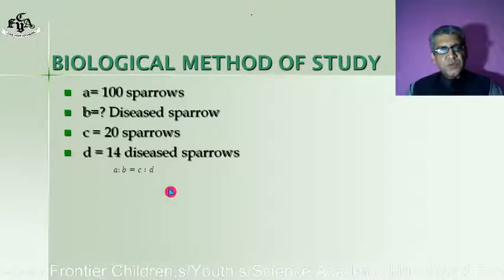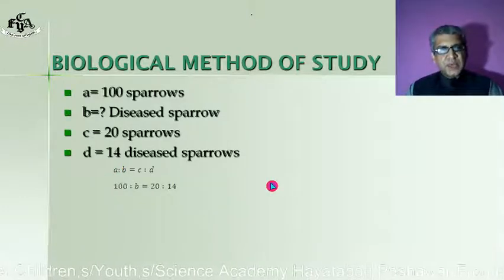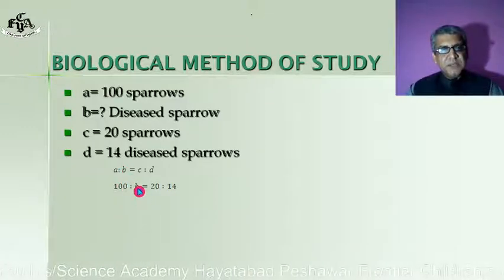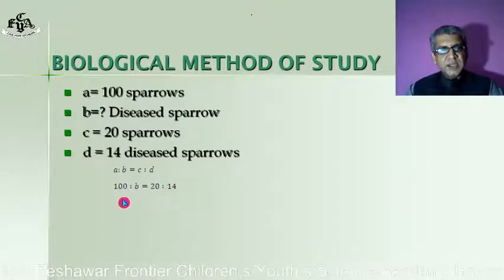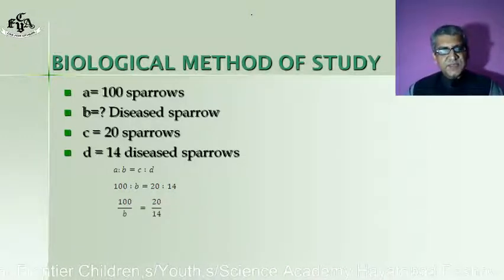Now putting the values in this formula: A is 100 sparrows, B we have to find, C is 20, and D is 14. We can also write the ratios as 100 divided by B and 20 divided by 14.